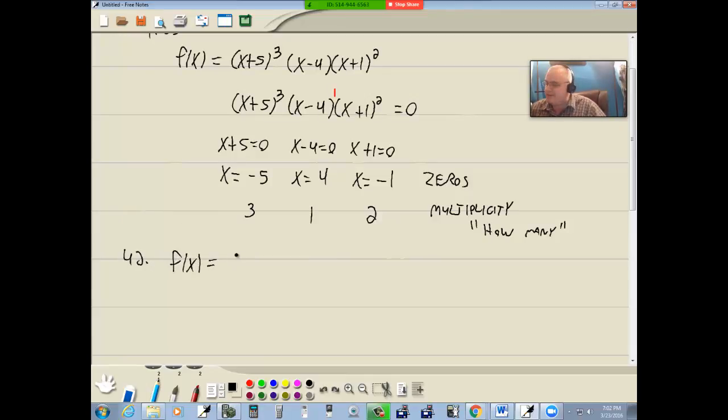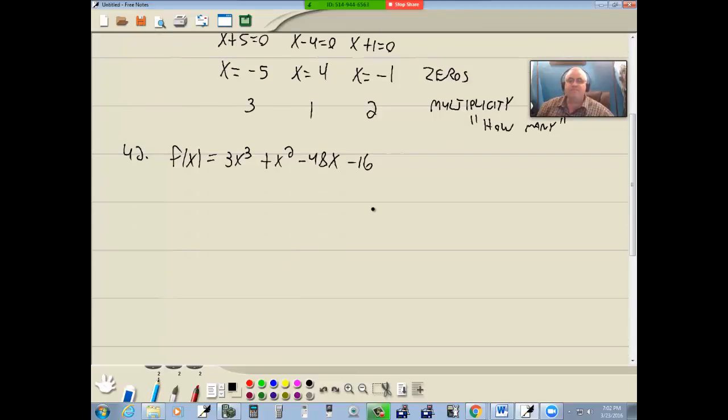We've got f of x is equal to 3x to the third plus x squared minus 48x minus 16. And the same instructions. We want to find the zeros. Well, first thing I'll do is I'll set that equal to 0. And I want to solve it.